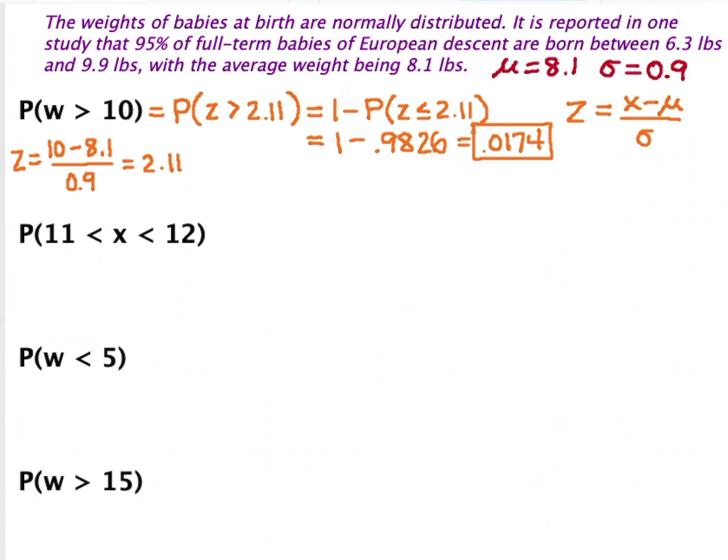They're kind of rare. Now, would you guess that there's a calculator button that can help us do this as well? The calculator button we'll be looking for is not binomial PDF like last time, but normal. And we're going to use CDF because we're talking about these greater than or less thans.